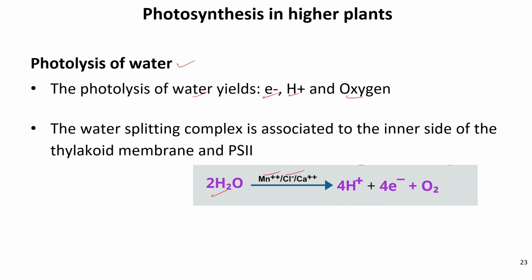Manganese ion, chloride ion, and calcium ion are used, and protons are produced, electrons are produced, as well as oxygen. Now the water splitting complex is present in photosystem 2. That's why oxygen evolution also takes place at photosystem 2.